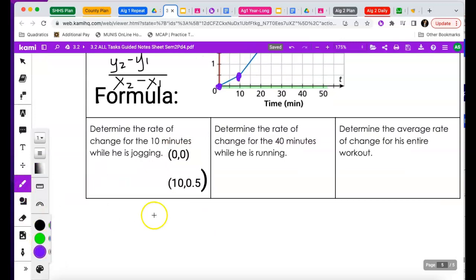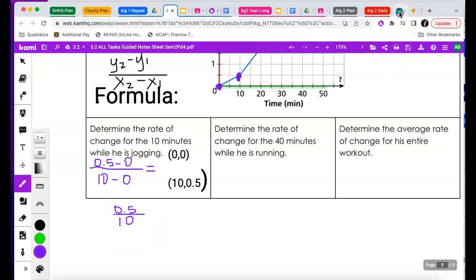So we have y2, which is 0.5, minus y1, which is 0, over x2, which is 10, minus x1, which is 0. So I'll plug that into the calculator. 0.5 minus 0 is 0.5, and then 10 minus 0 is 10.